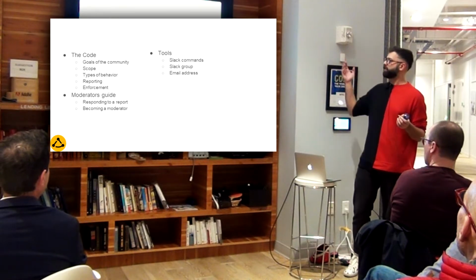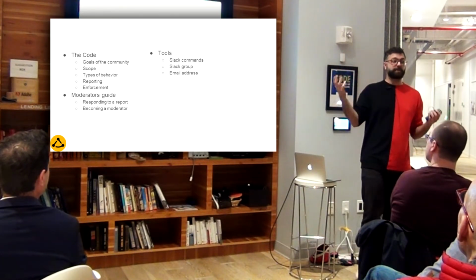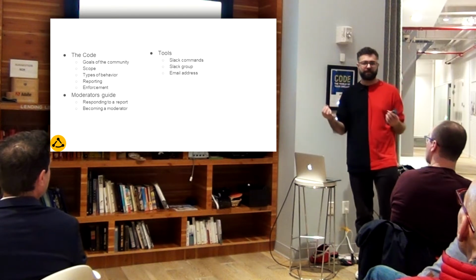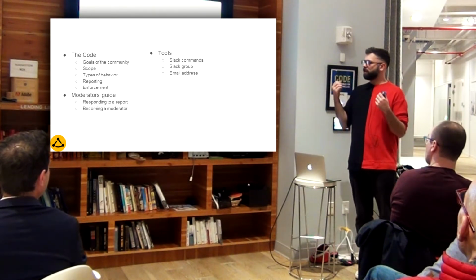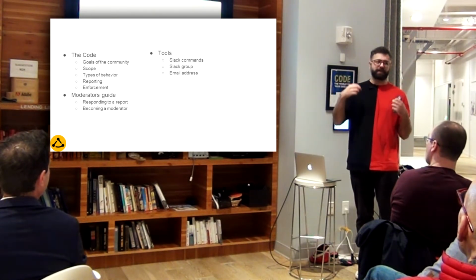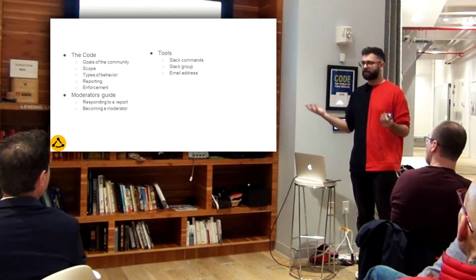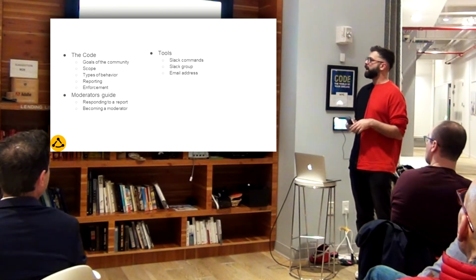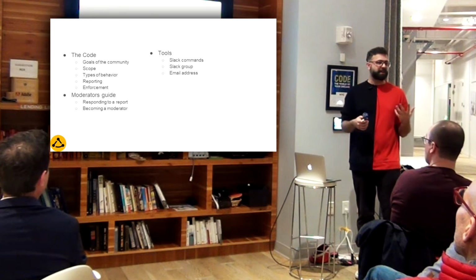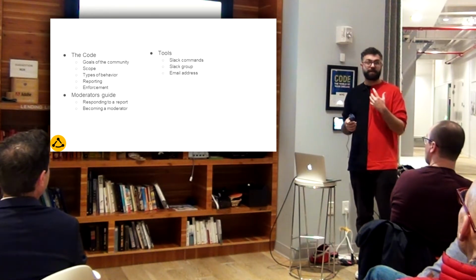As a high-level overview, the Code of Conduct describes the goals of the community. What are we trying to foster? We value inclusiveness, diversity, and diversity of opinions and thoughts. The scope of where the Code of Conduct applies is designed to be very, very broad.